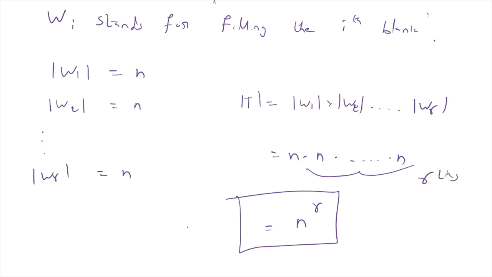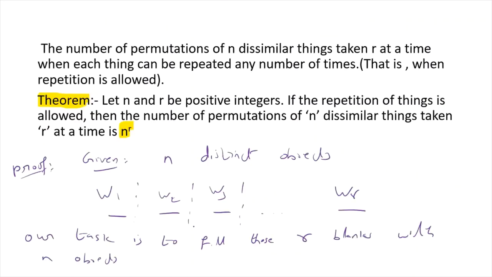So definitely this number is going to be more than nPr. You can look at the statement of the theorem once again. Here there are no constraints on n and r. The only constraint that we have is that n and r are positive integers.